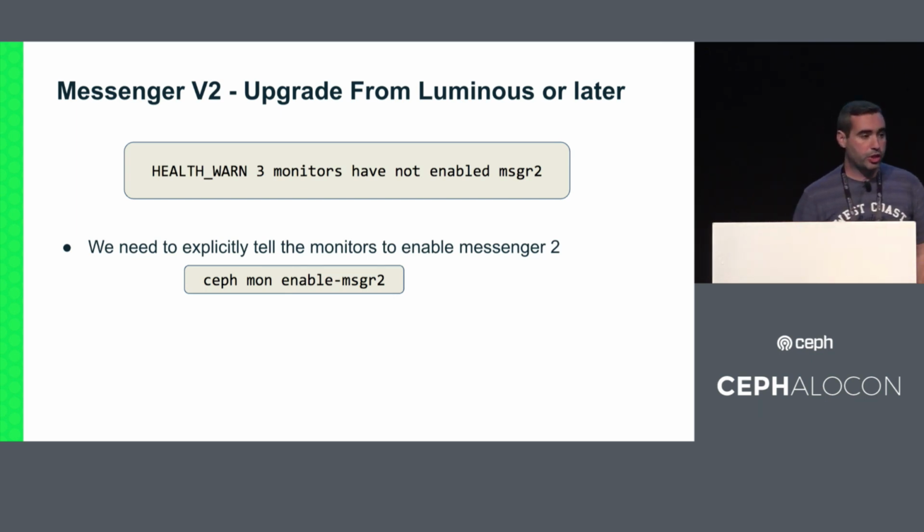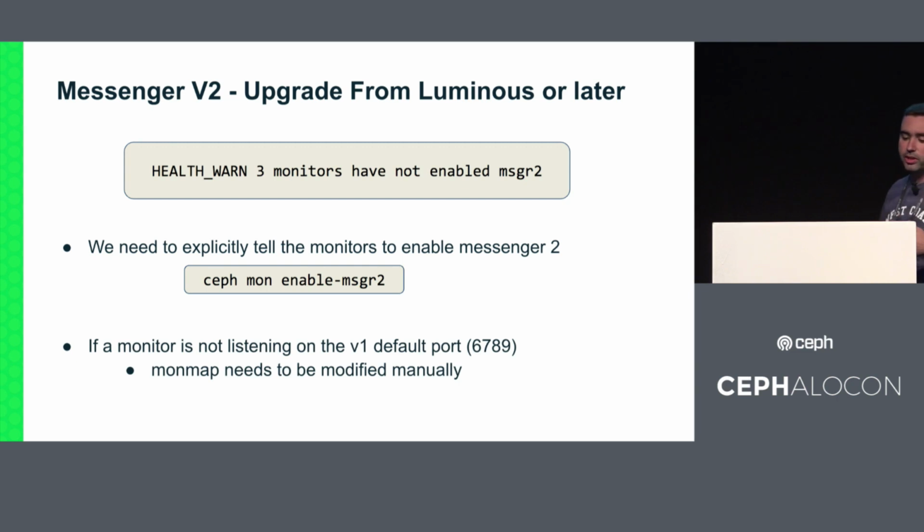But there's a catch here. We can only use this command if your cluster is using the default ports for the V1 protocol. So if your mons are listening on the 6789 port, okay. If your mons have a custom port for some reason, you cannot run this command.